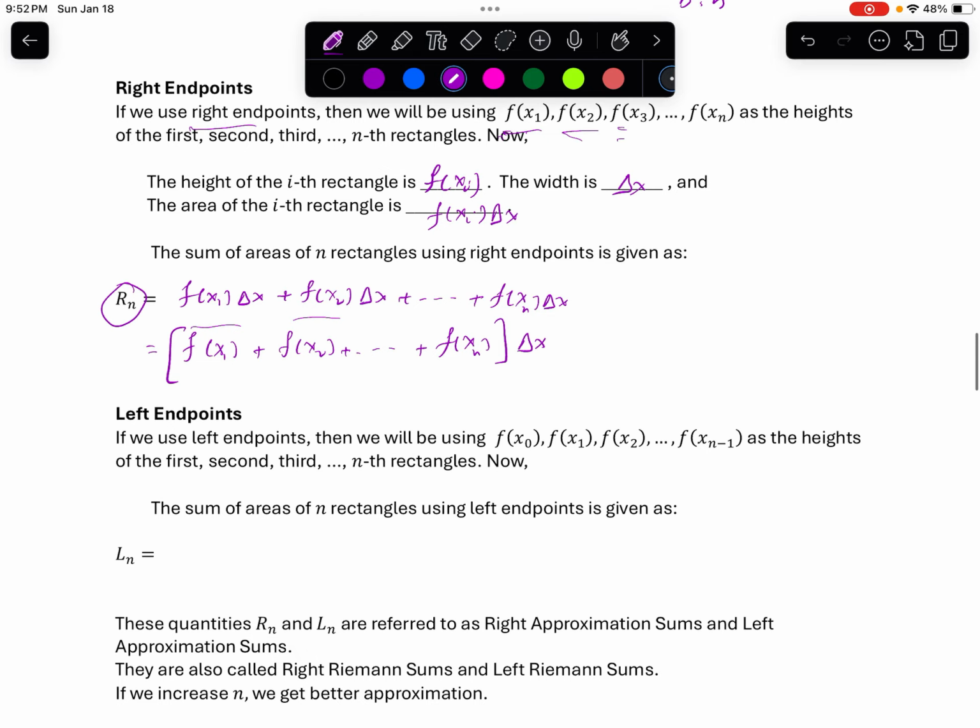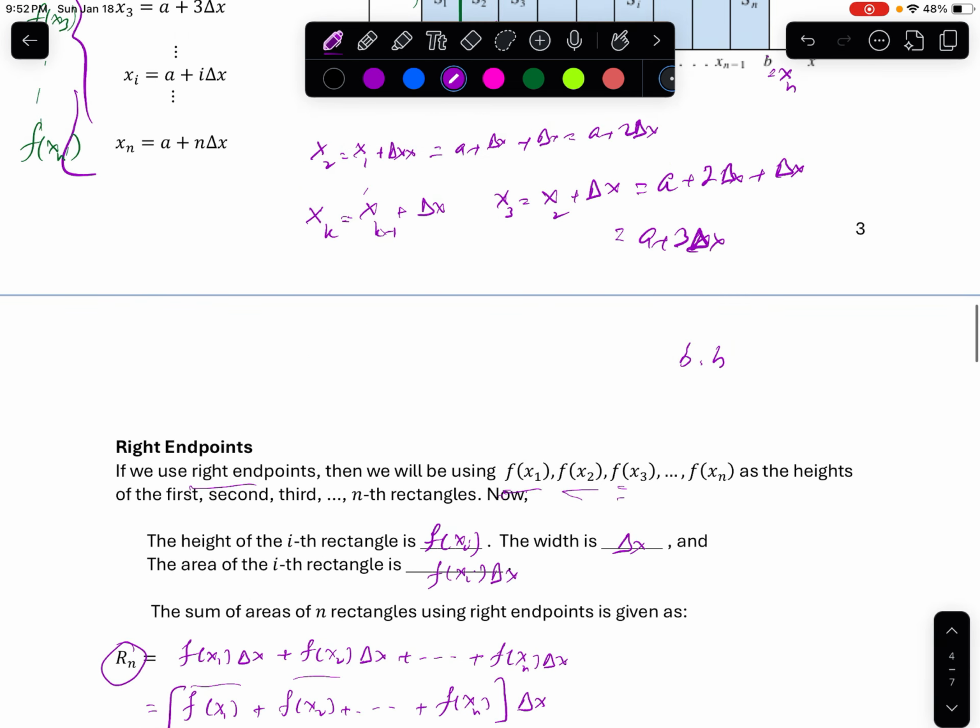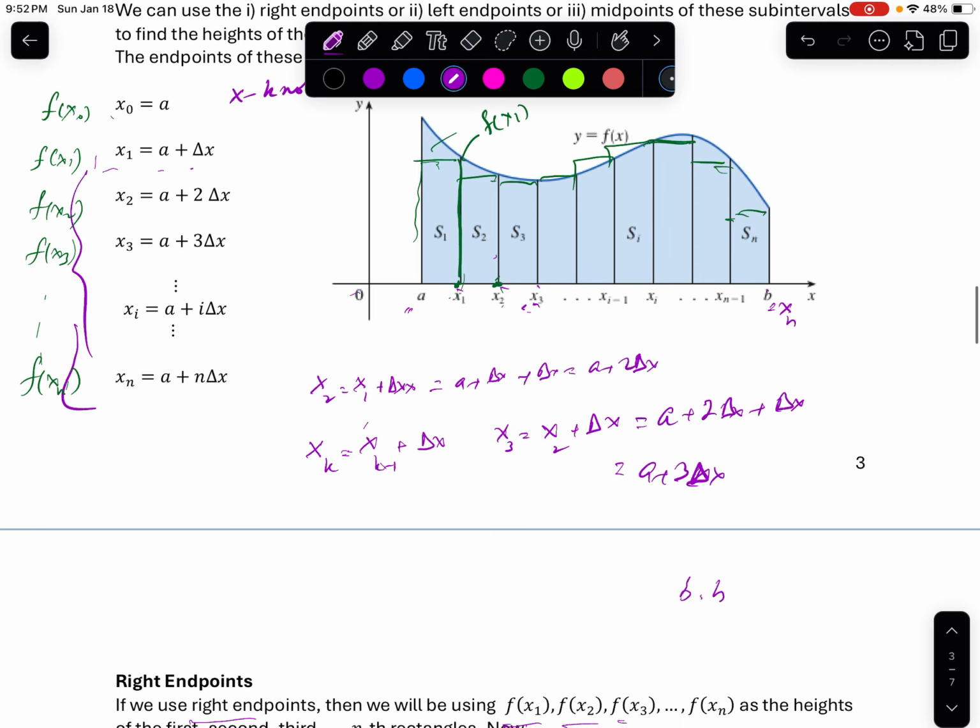Now, if we were to use the left endpoints, then we will be using x sub 0, x sub 1, x sub 2, x sub 3, and so on. And then we cannot go up to x sub n, because it will be more than the rectangles we need, or more than the terms we need, and also because x sub n is not the left point of any sub-interval.